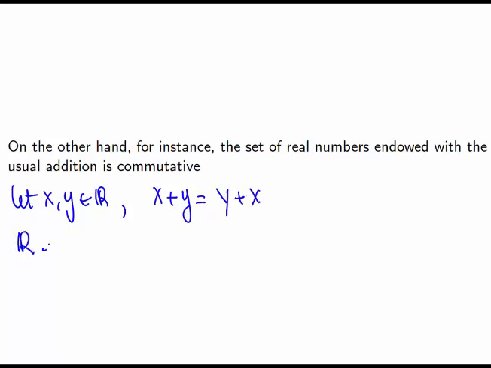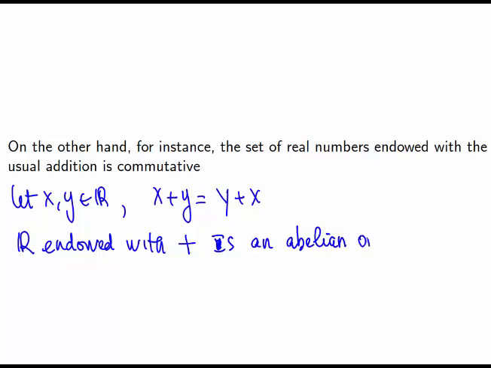Therefore, R endowed with addition is an abelian or commutative group. So in this group, order doesn't really matter. The way in which you combine elements, the order doesn't matter in the process.